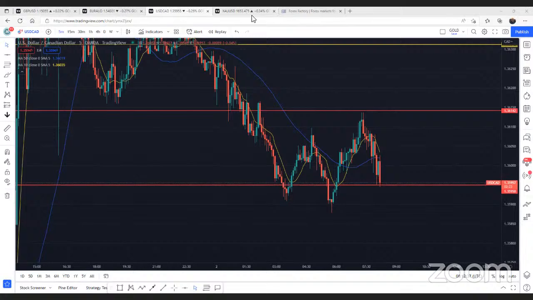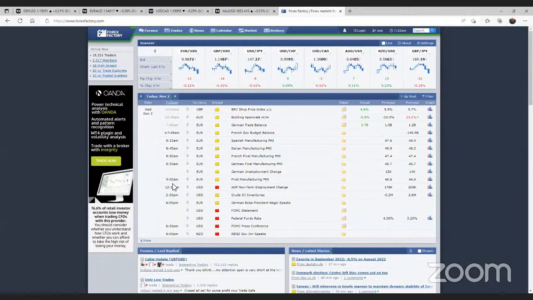Okay, so let's also look at the news for the day. So you can see, wow, there's FOMC in the evening. Interesting. That should move the markets later on in the evening, at least.